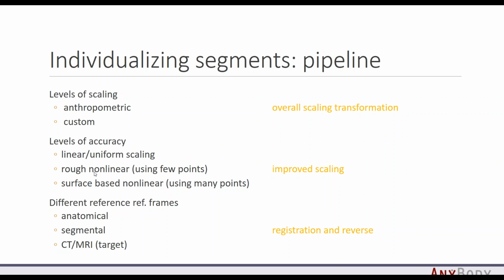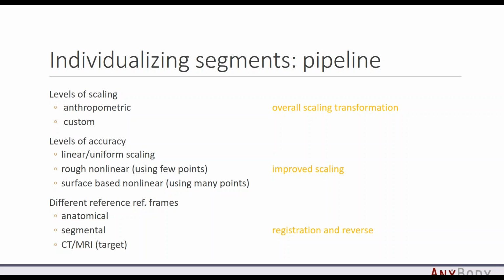Then we could do a rough nonlinear transformation where we use only a few landmarks for the RBF transformation, and that will deform our surface a little bit more. And then we can also employ surface-based nonlinear functions. We could also move objects back and forth from the segmental anatomical reference frame to the CT MRI reference frame.